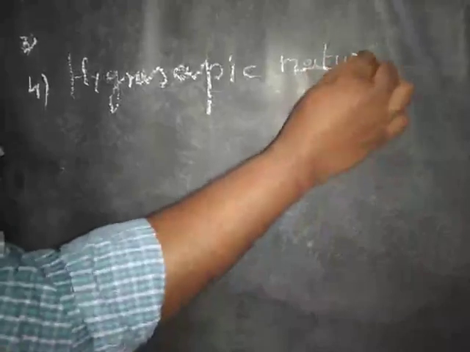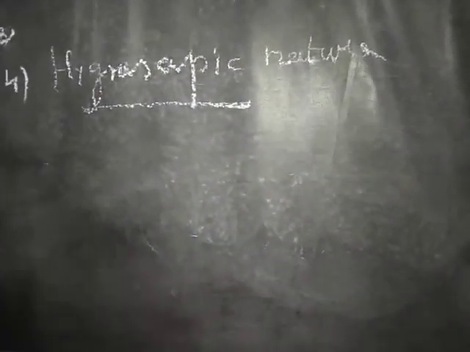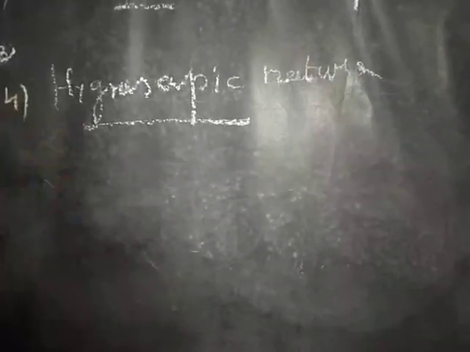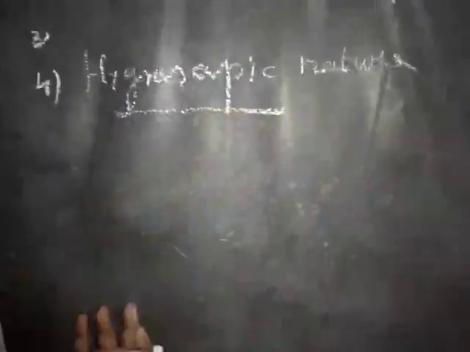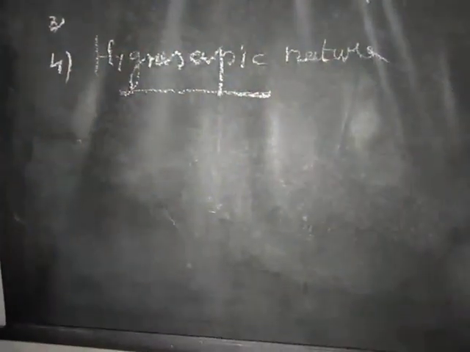It is a substance that is ready to absorb water molecules, but it will not change its shape. That is called hygroscopic nature. If you take sodium chloride and keep it in ordinary conditions, it is ready to absorb the water molecules present in the atmosphere. Such substances are examples of hygroscopic nature.